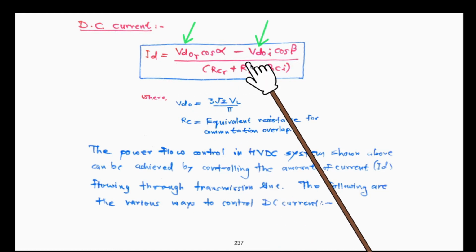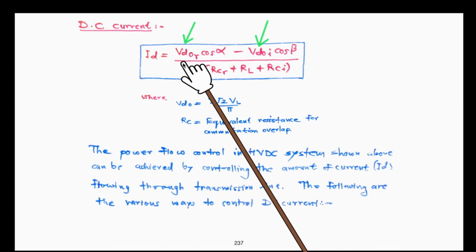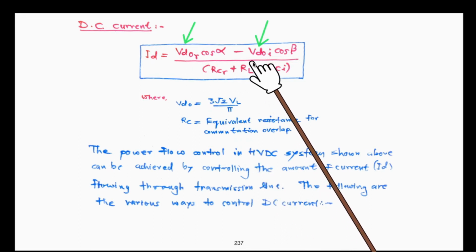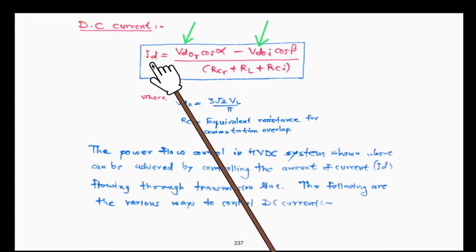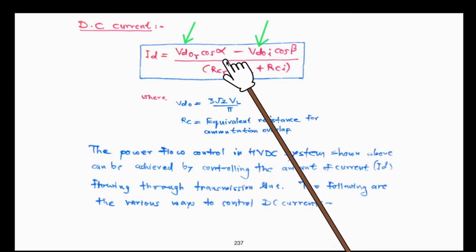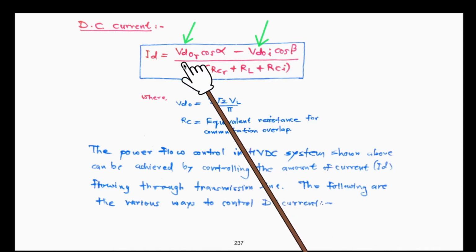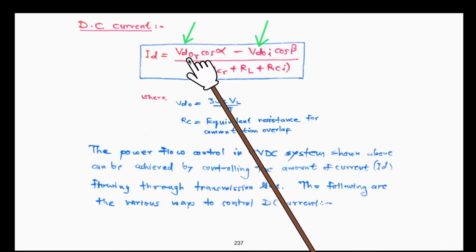Generally, these two methods, where we control the converter transformer tap ratio in order to adjust VD0R and VD0I to set the value of ID to a desired level, have a limited range of control, because the tap ratio may vary only by a limited range, maybe 20%, 30%, depending upon which type of transformers are used. Also, these are motorized controls.